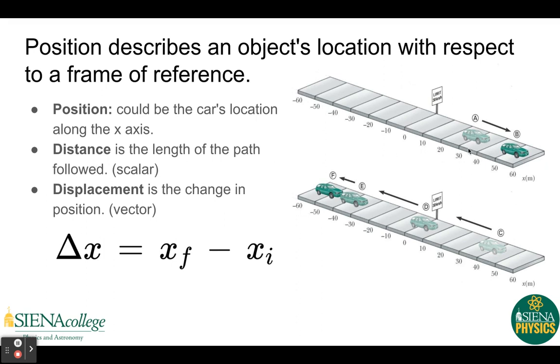So if we see that this car, for example, is going to the right, it stops, and then it goes back to the left, the distance it's traveled is this distance plus all of this. If you were walking that, you would be traveling that whole distance. The displacement doesn't care about how far you've traveled in between. All it wants to know is what's the difference between your starting point and your final point, or final minus the initial. That's the displacement.